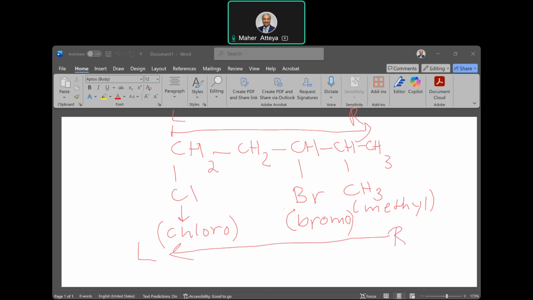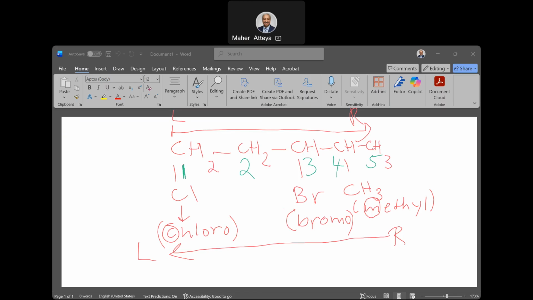We are looking at the beginning letters of those functional groups, the C and the M. The C is the winner because C comes before M. So our numbering will start here: 1, 2, 3, 4, and 5.